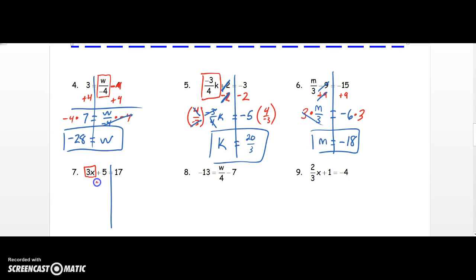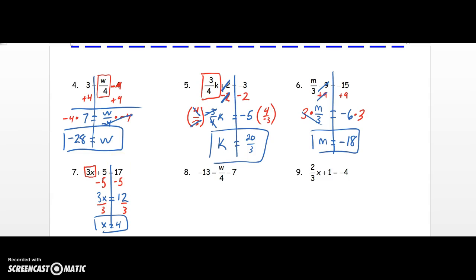The opposite of plus 5 is to subtract 5 on both sides. 3x equals 12. Now 3x, 3 times x, the opposite of multiplication is to divide by 3 on both sides. So what do we come up with? We come up with x equals 4 as our answer.